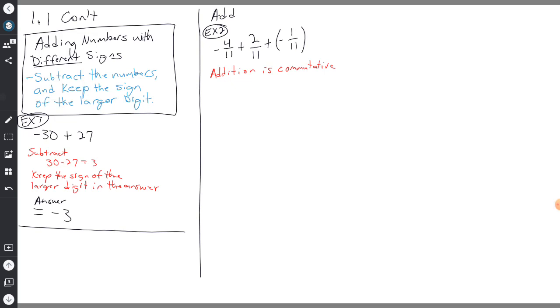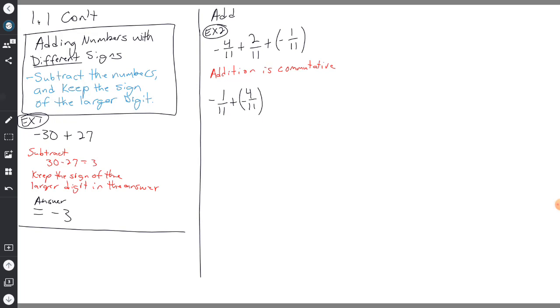So we can take the negative 1 over 11 and put it next to the negative 4 over 11. We can do plus and then put that in parentheses, negative 4 over 11. Minus and negative is the same thing. There's another way that we can rewrite this that we'll look at soon.